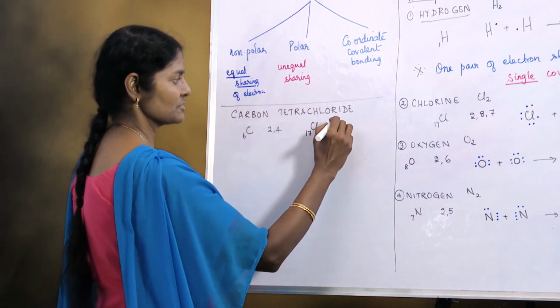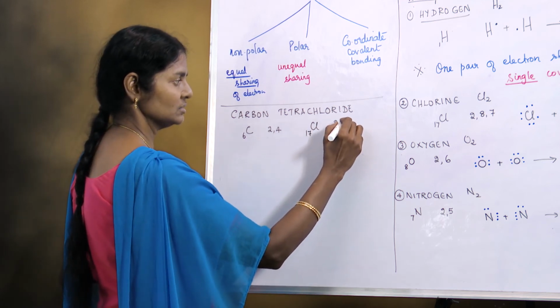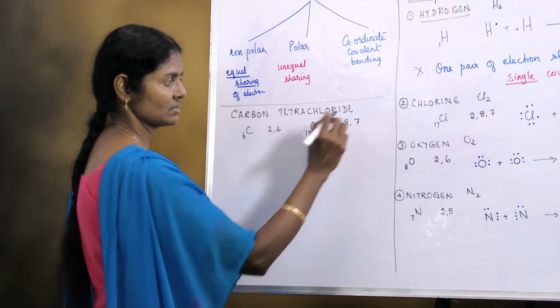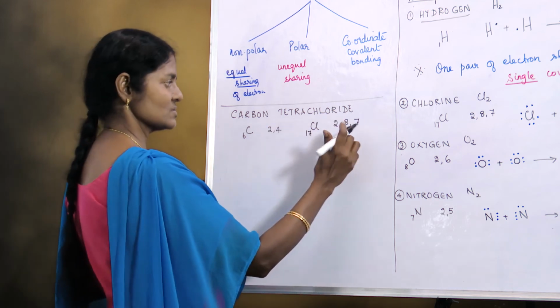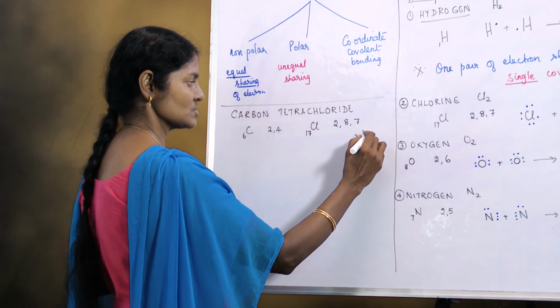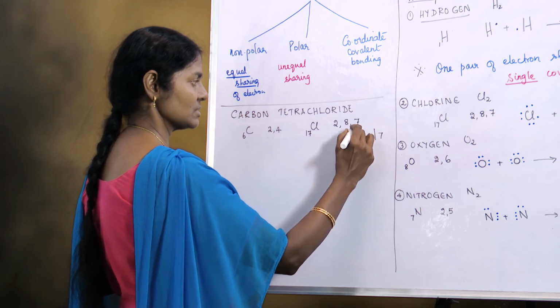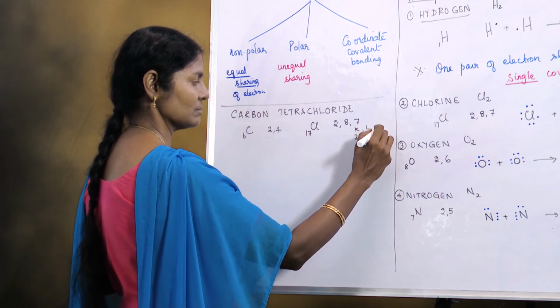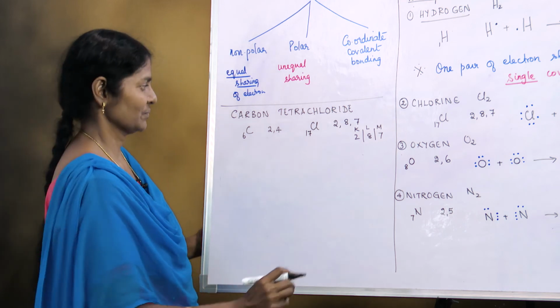The electronic configuration would be 2, 8, 7. You can either write it this way or you can write 2, 8, 7 in KLM. Both ways are okay.